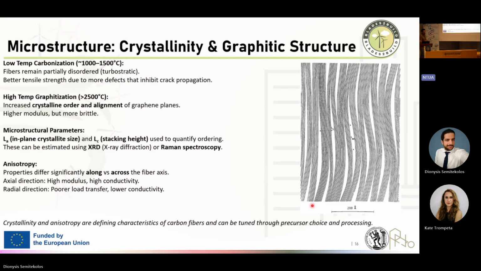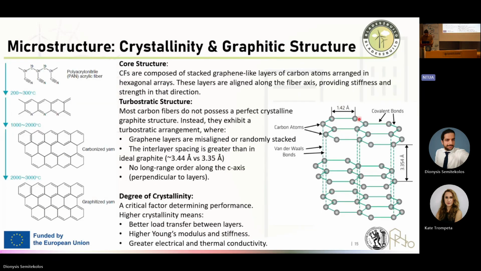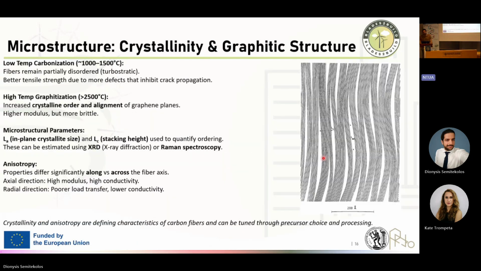While across the fiber axis, we only have some van der Waals bonds, which are quite a lot lower compared to the sp2 bonds. So this is why the properties differ a lot along and across the axis.